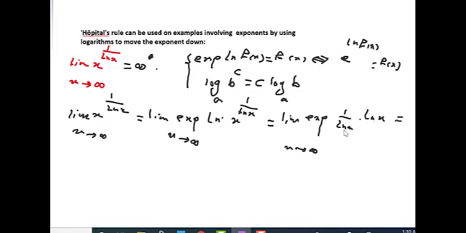Now ln x with ln x will cancel, and we will have e to the 1. So we have the limit of the exponential of 1, which is e.